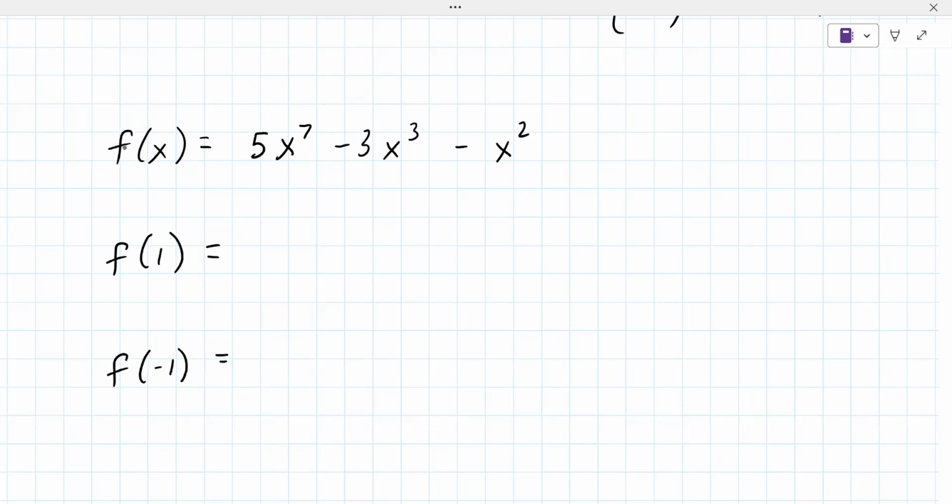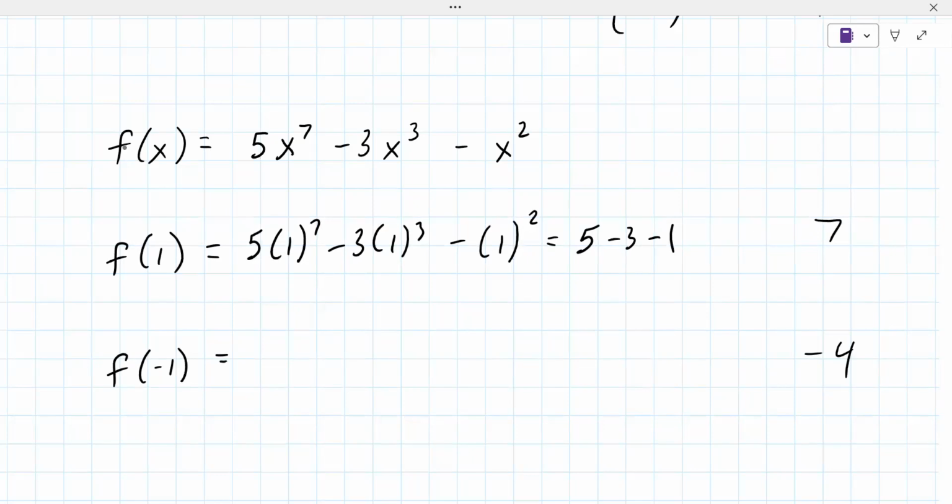F of 1 equals 7. F of -1 equals -4. Take a look here. So 5 times 1 to the 7th minus 3 times 1 cubed minus 1 squared ends up being 5 minus 3 minus 1. So we're different somewhere here.